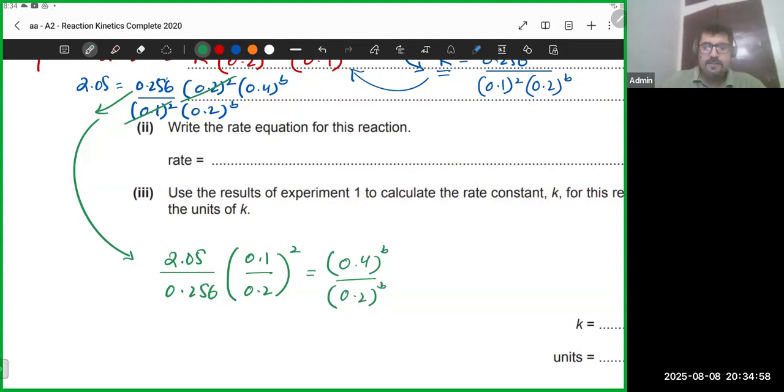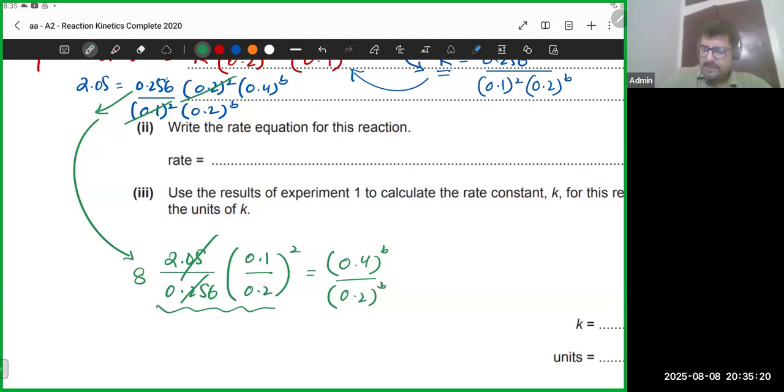I've rearranged the terms. Now I'm going to try and figure out what this is. On my calculator, it's 2.05 divided by 0.256, that gives me around 8.